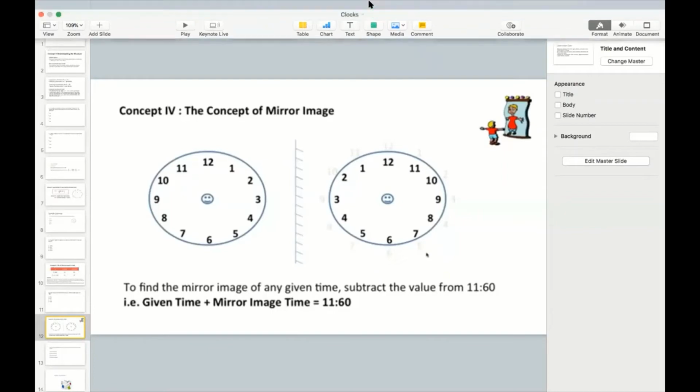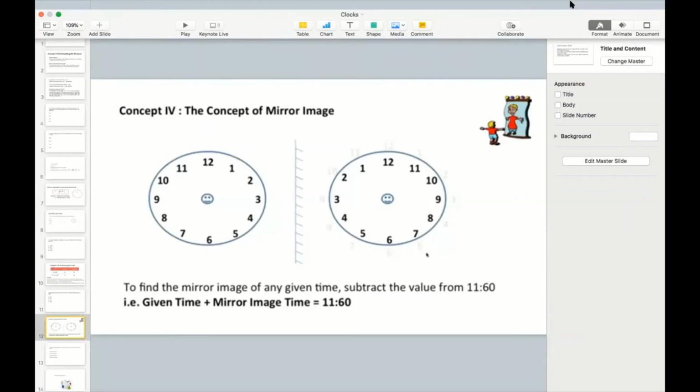Is it clear, guys? Simple approach, 11:60. If I give you any particular time, let's say the time right now is 6:51. So if the time is 6:51, the mirror image will be what?